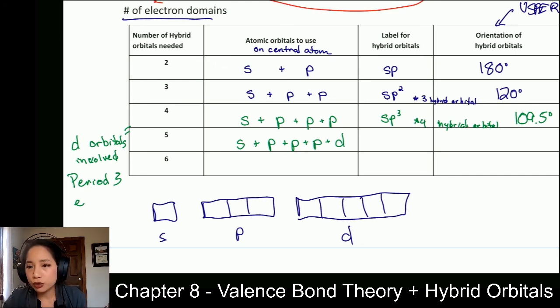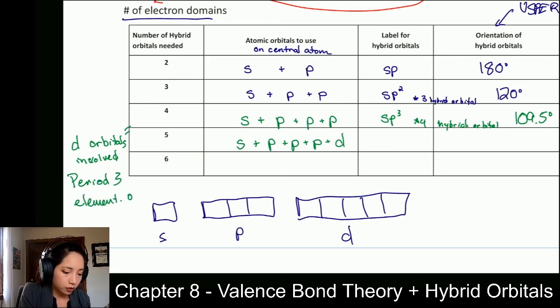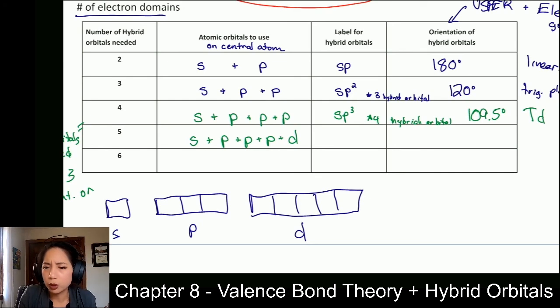So this is the reason why hypervalent molecules have to have central atoms that are period 3 or above. So valence bond theory also kind of explains hypervalency, that because there's this d orbital there, we need period 3 elements or below, period 4, 5, 6, etc.